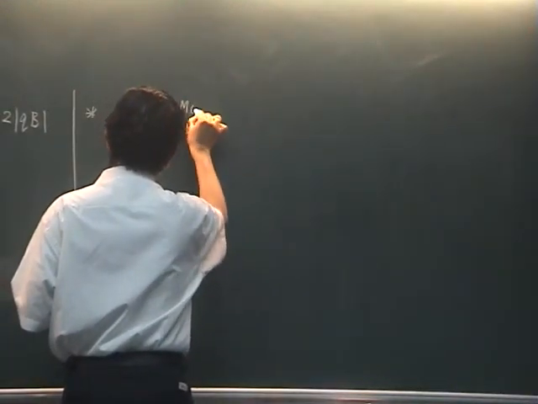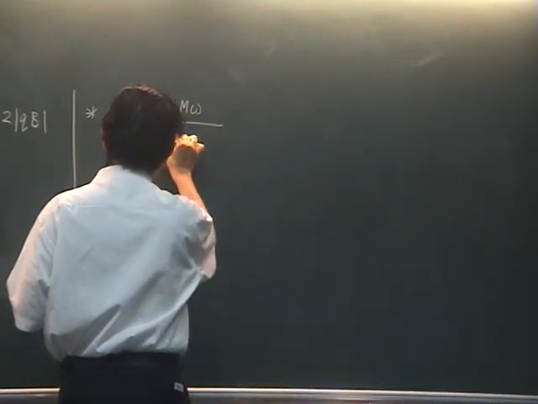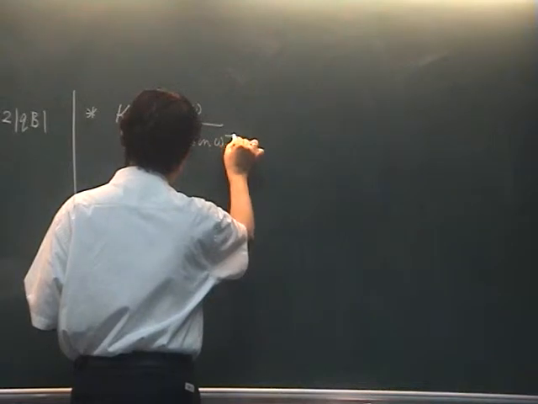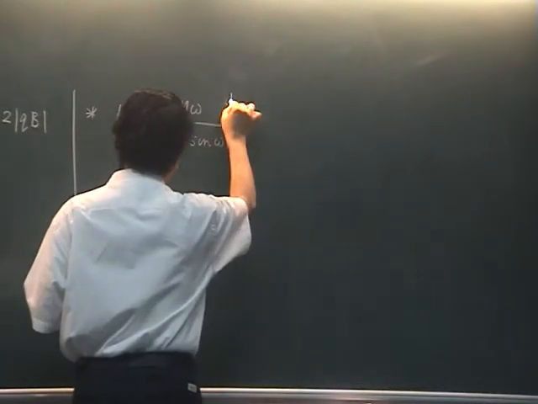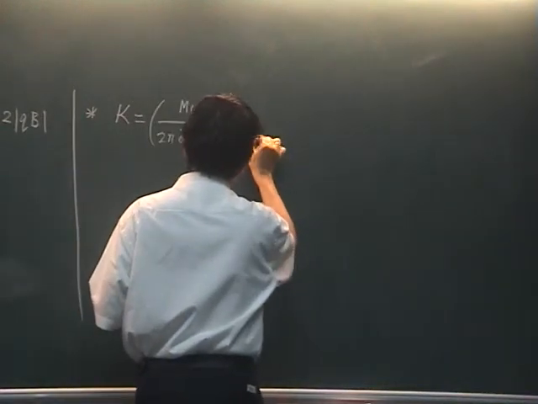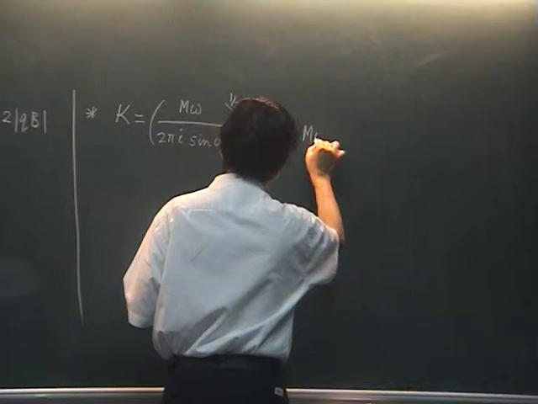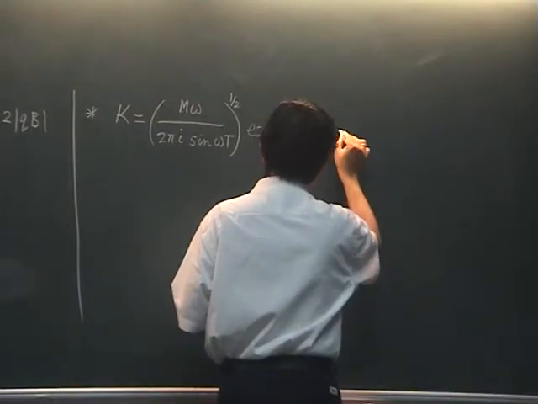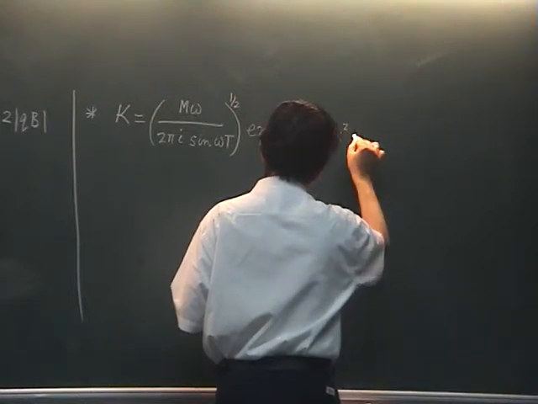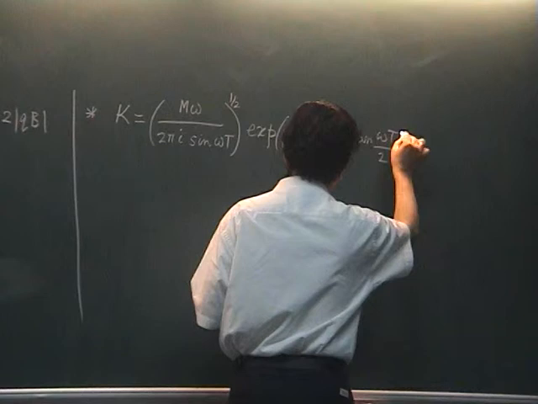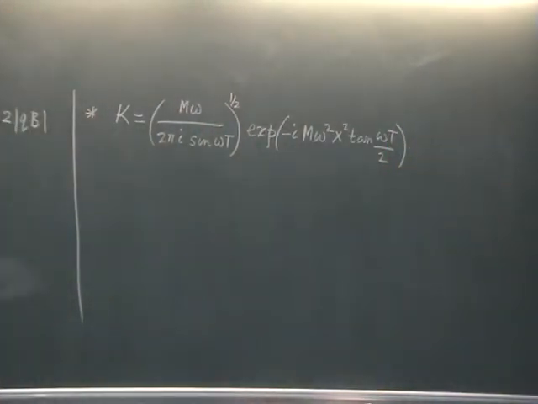It is (m omega over 2 pi i sin omega t) to the power half, times exponential of minus... I think it is minus... Let me just check that. (m omega over 2 pi i sin omega t) to the power half, exponential of i m omega x square tan(omega t by 2).